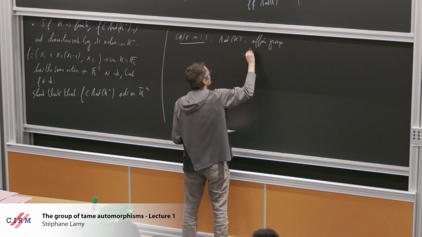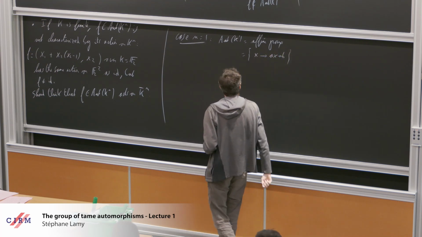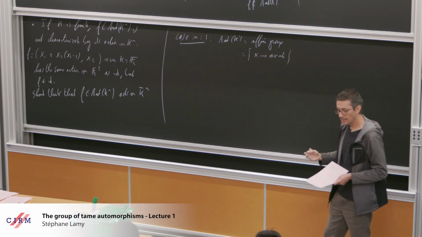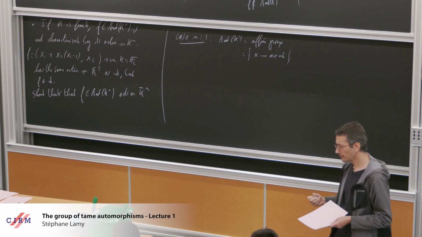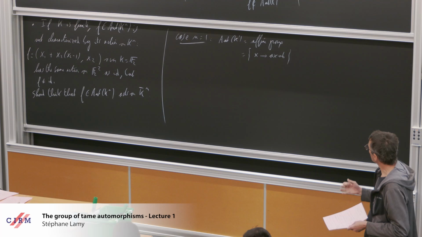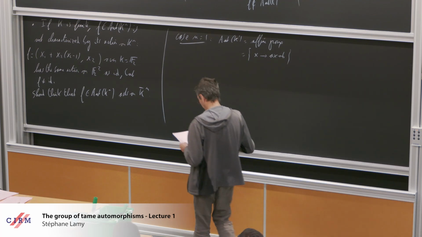So it's all the maps x goes to ax + b. Okay, so the first interesting case is n equals 2, and n equals 2 is already quite an interesting group where you see some automorphisms where the degree is not 1.